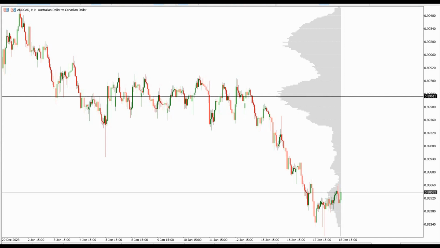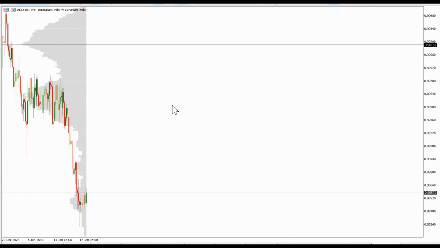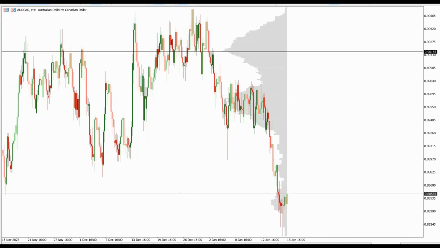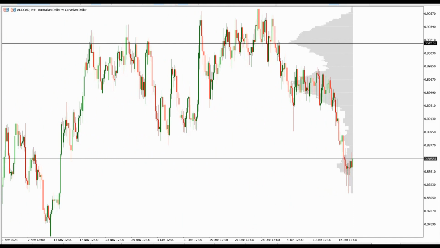So I want to take you to 4 hours, and then to daily candles, so that we can see this is a top-down analysis, right? This is 4 hours. In 4 hours, we can see the point of control and the volume cluster, showing this is where most of the candles were rejected.